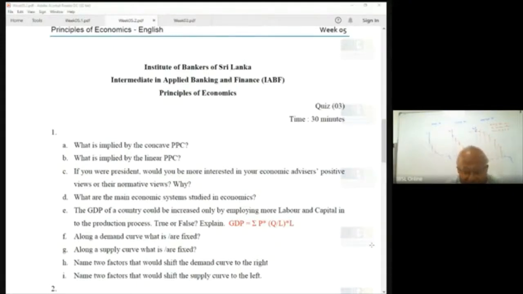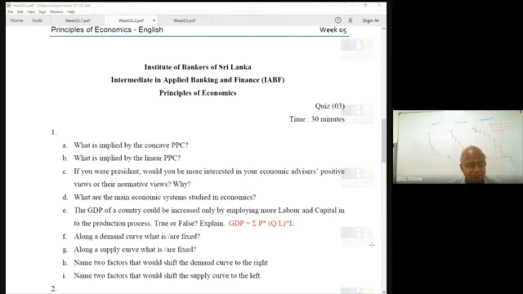Number of workers the same, number of machines the same. What is this concept called? Yes, productivity improvement. By employing more headcounts, more machines, more people, you can increase the output. But the other thing is to increase the productivity.